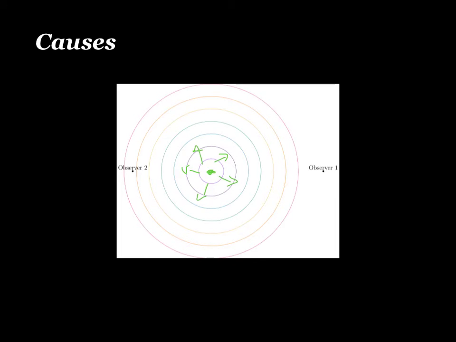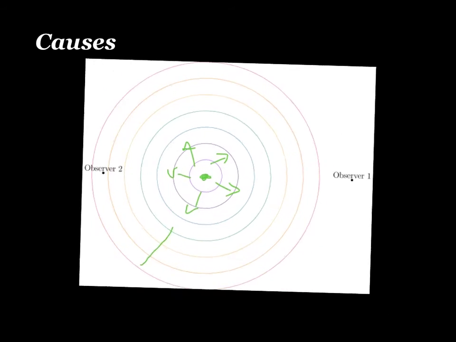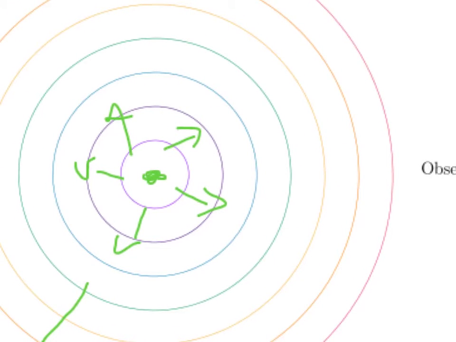But what happens is this object in the middle is going to start moving. So let's make this a little bit bigger so we can focus on this guy. He's going to move this way, and he's going to catch up with the wave that he just gave off, and he's going to give off a new wave.